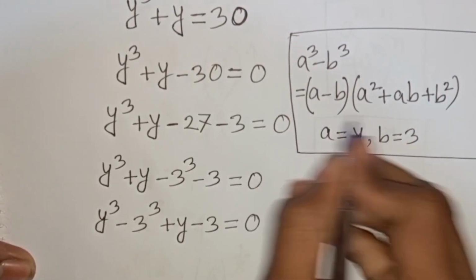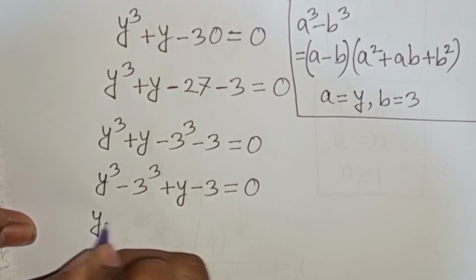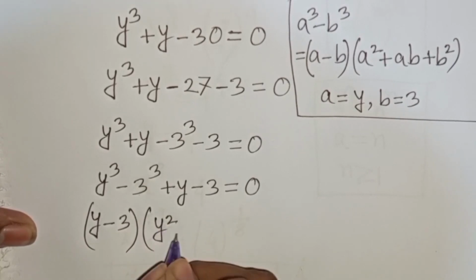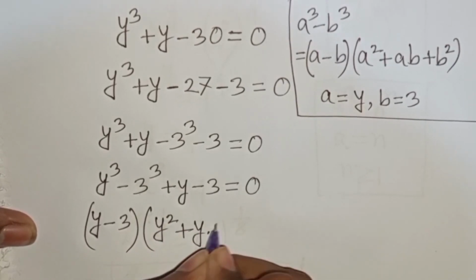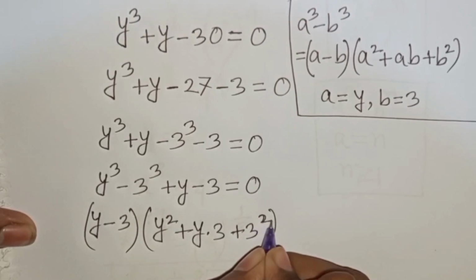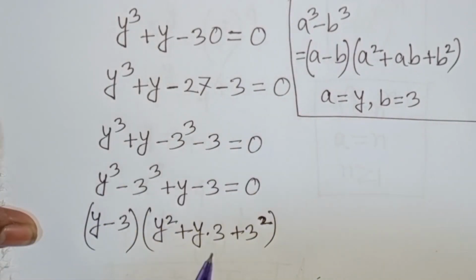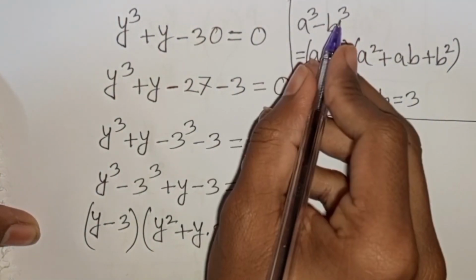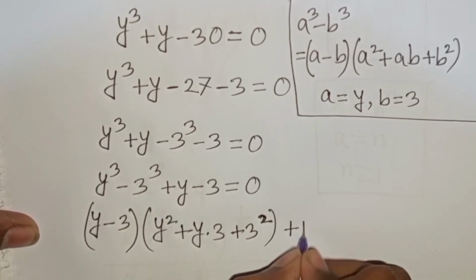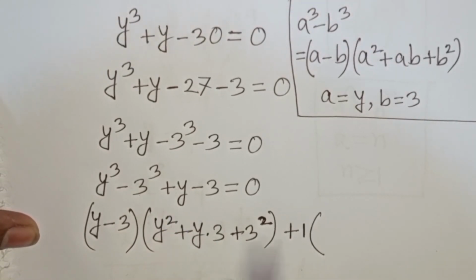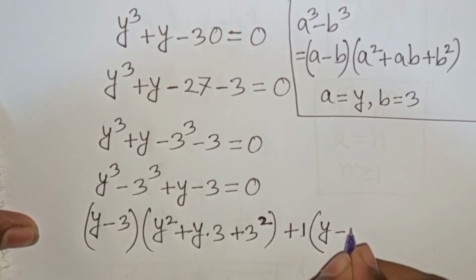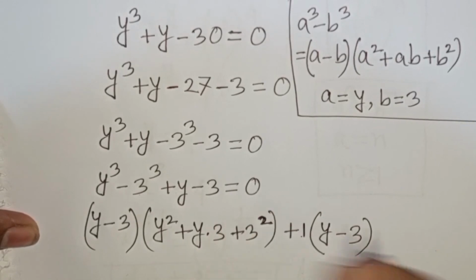So I can write here y minus 3 times y square plus y times 3 plus 3 square. That means this is the formula of a cube minus b cube. Then plus, here plus 1 is common, so plus 1 is out of the bracket, so this divided by this, that means it will be y minus 3 divided by plus 1, that means minus 3, then bracket close is equal to 0.